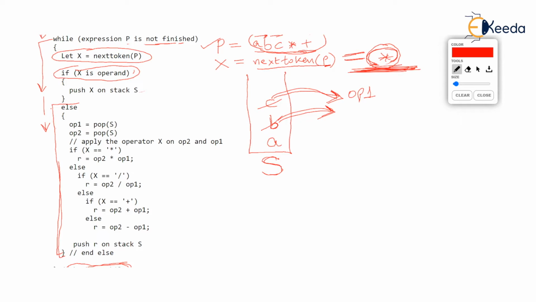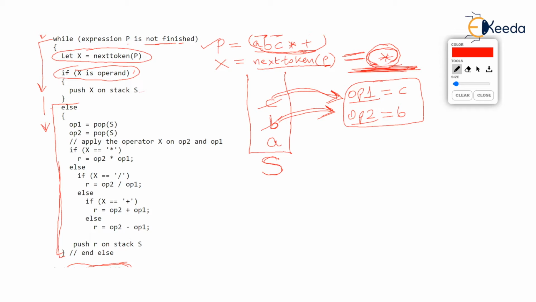If we say op1 is the result of the first pop, then op1 will be C. And if I say op2, just a variable again, is equal to the result of the second pop, then op2 is going to be B. So we have got two operands out of the stack, and we have loaded the two operands in the variables op1 and op2. Now what?